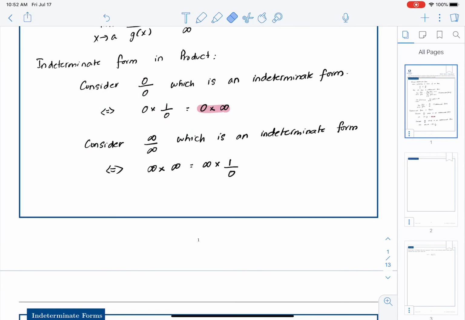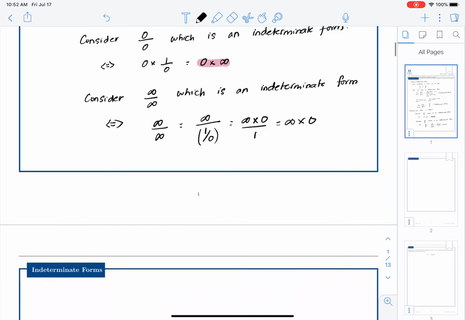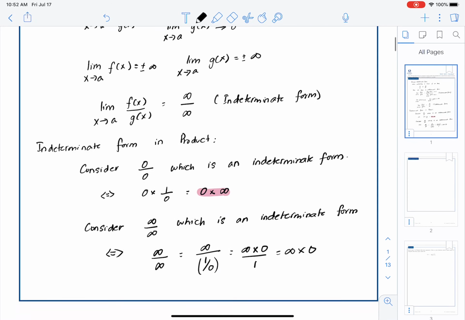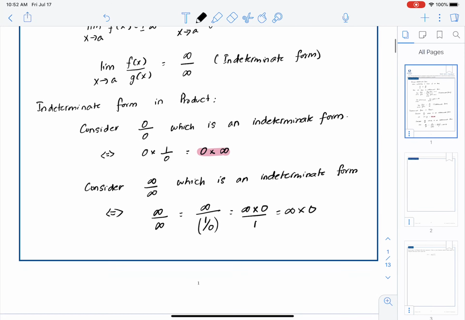I could write it as infinity over 1 over 0. Any number divided by 0 is infinity. So now if we flip and multiply, we would have infinity times 0 over 1, which is still an indeterminate form. So the 0 over 0, infinity over infinity that I wrote just comes back again in a different form as infinity times 0 or 0 times infinity.